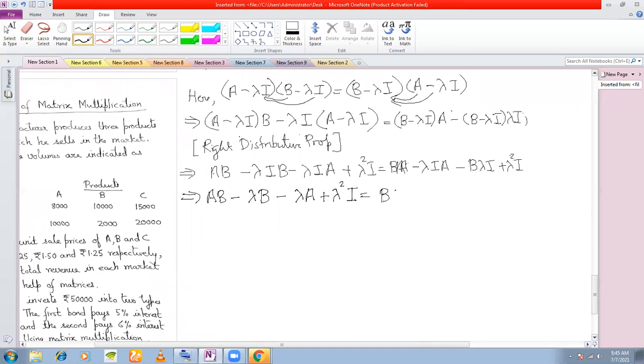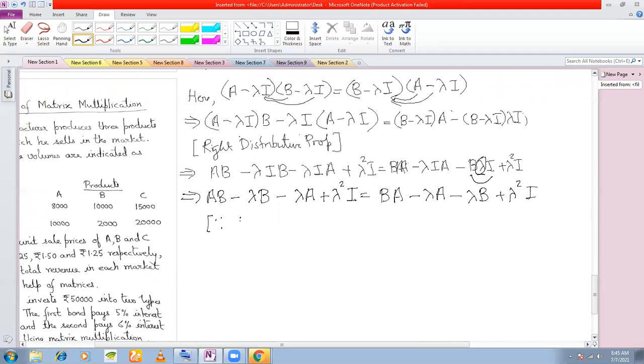is equal to BA minus again lambda IA will be lambda A minus. Now lambda is a scalar here. So you are actually multiplying I into B. So you're getting lambda B plus lambda square I, right?